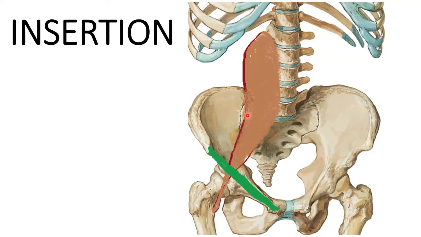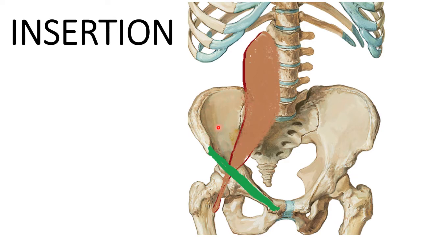Coming to the insertion of the psoas major, we have seen the origin. From the transverse process and the bodies of the lumbar vertebrae it is arising, and it is descending down, running anterior to the ala of the sacrum. The ala is a butterfly-wing-shaped part of the sacrum. It then descends and enters into the pelvis, and joins with the iliacus muscle.